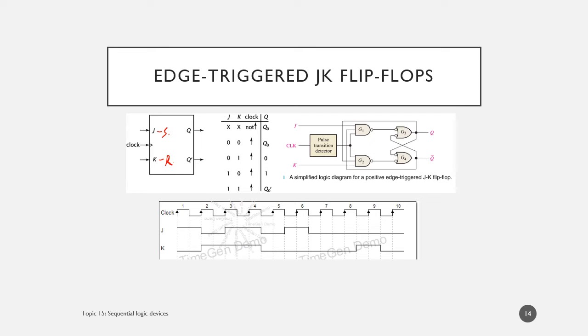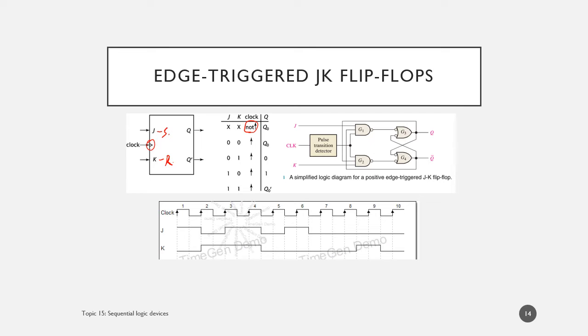So for the JK flip-flop, in this case we can tell it's a rising edge one. It also has a falling edge version, but here we start with rising edge. If the clock is not at a rising edge, which basically includes 0, 1, and falling edge, those three different cases, it doesn't matter what values you put on J and K, the circuit won't work.